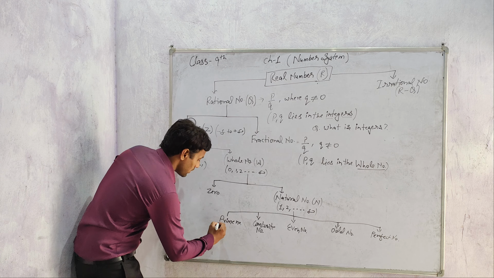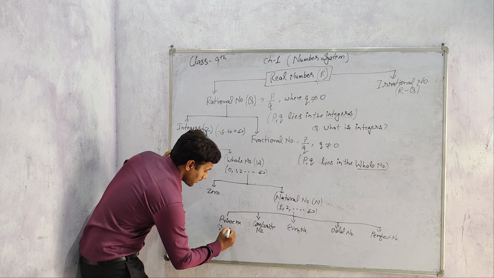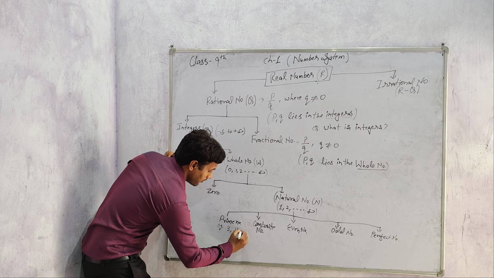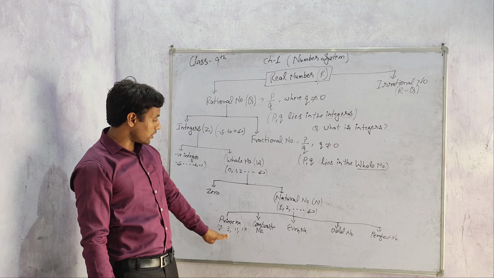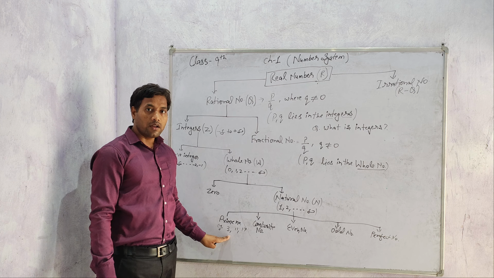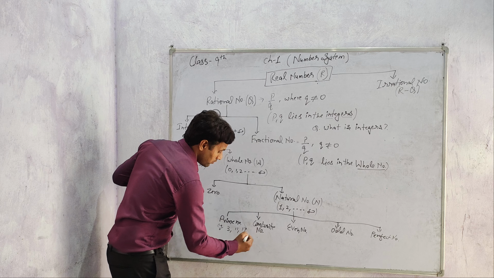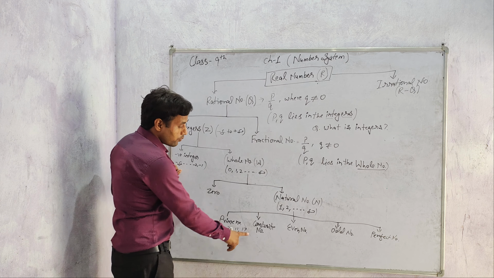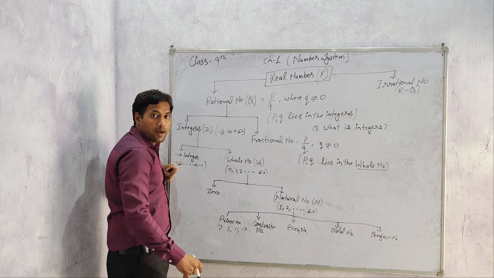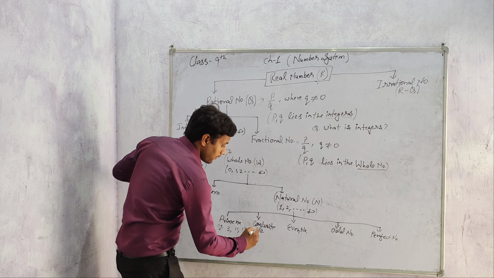Prime numbers. Let's take some examples like 3, 11, 7, etc. That means those numbers which are divisible only by one and itself. And second is composite numbers, that means those numbers which are divisible by numbers other than one and itself.